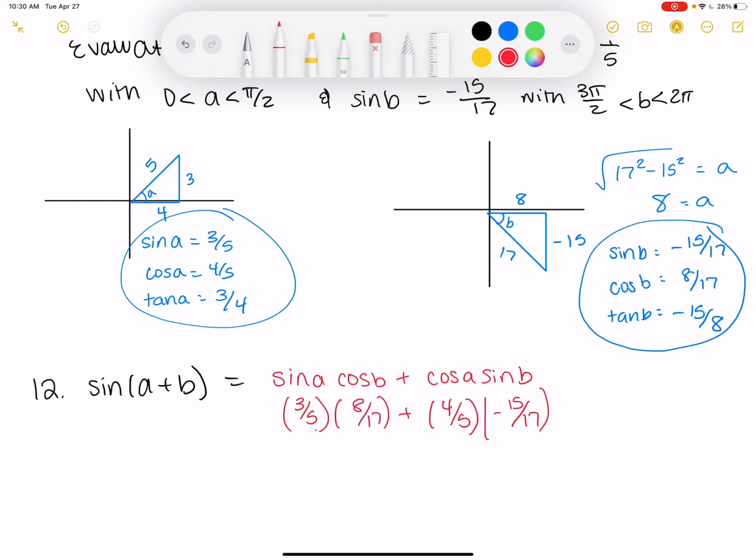So over here, 8 times 3 is 24 over 5 times 17 is 85, plus 4 times 15, negative 60, because it's negative, don't forget the negative. And then 5 times 17, we already said is 85. And so now I get negative 36 over 85, and you're done.